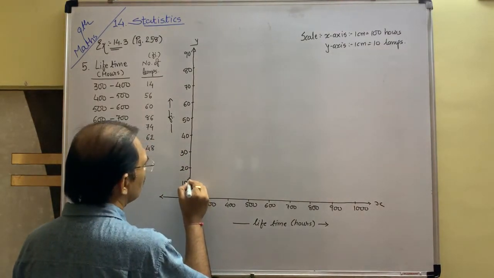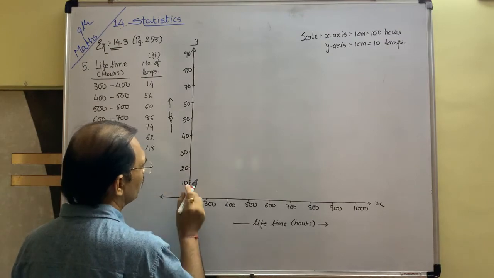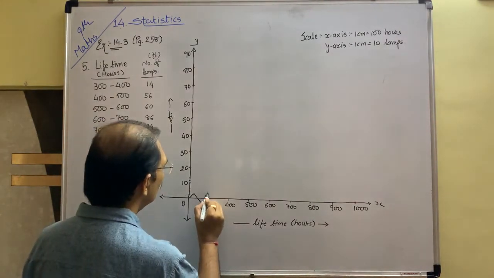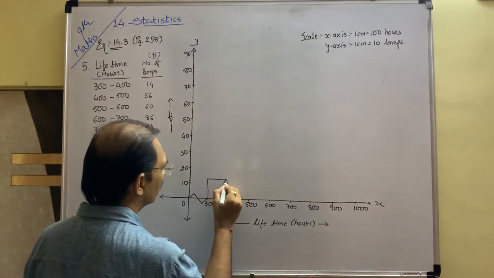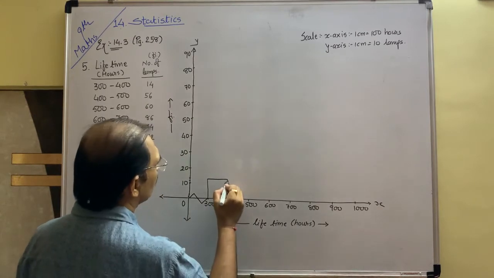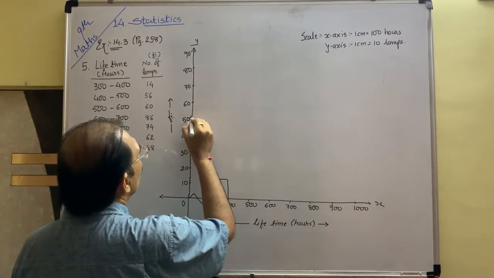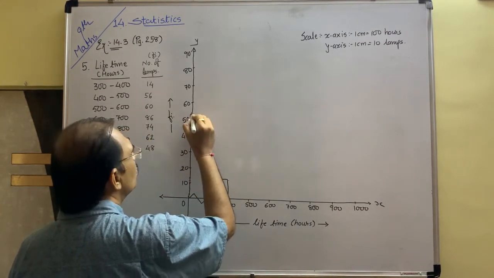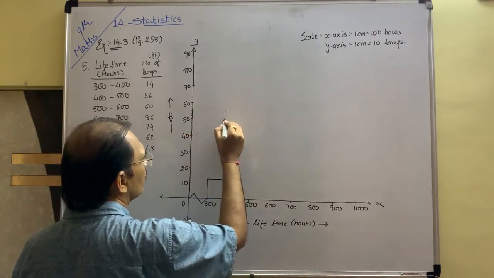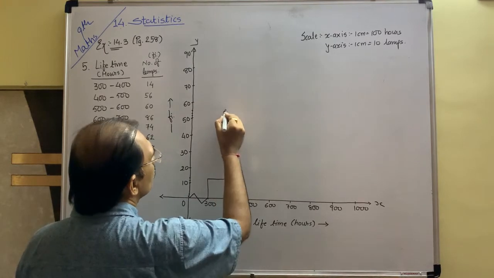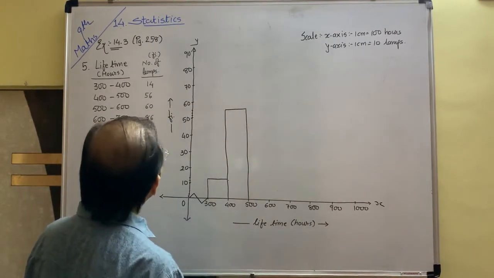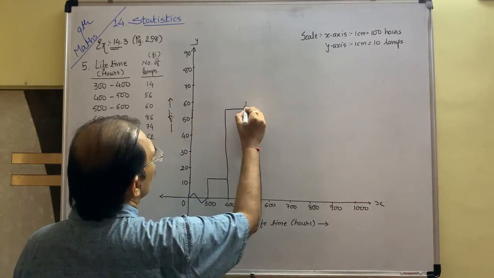So 14, I take that 1 centimeter carries 5 lines. So 12 and 14 means 2 lines more than 10. 300 to 400. Then 56: first line means 52, second line means 54, and third line means 56. Then 60, that we already have.